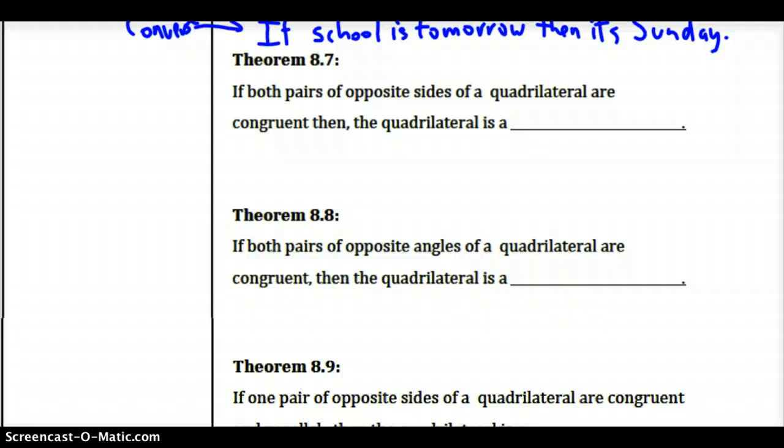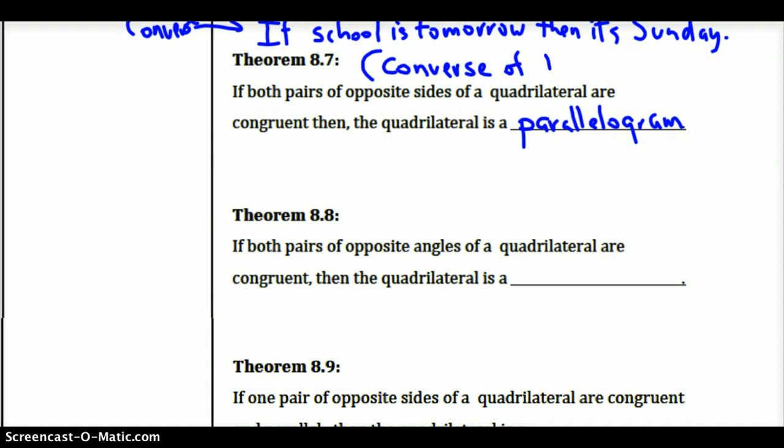So if both pairs of opposite sides of a quadrilateral are congruent, then the quadrilateral is a parallelogram. That is just the converse of theorem 8.3.